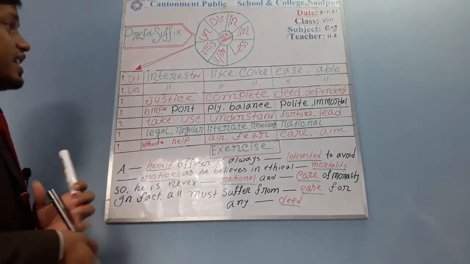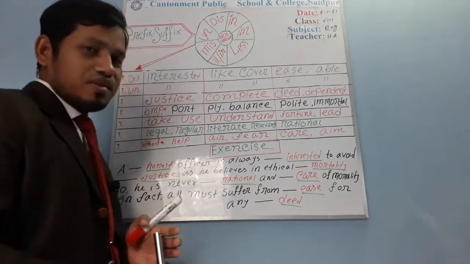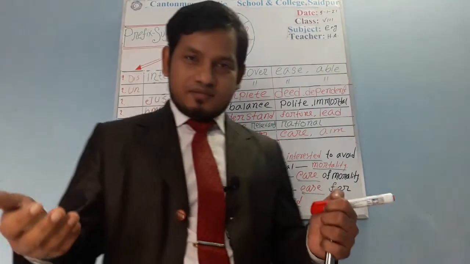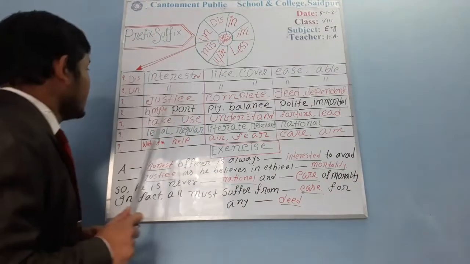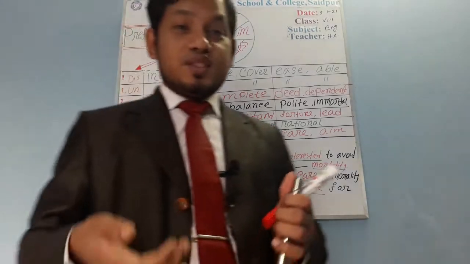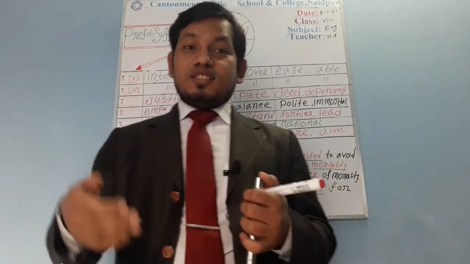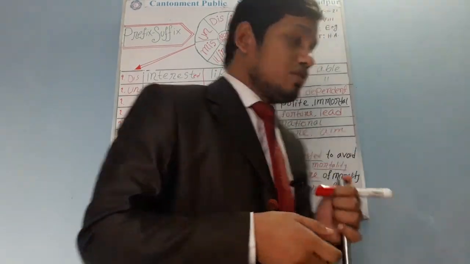Learners, same. Discover, right? Discover means, you know, to find something that already existed, right? But here you can say uncover. Uncover means to expose something, to get something out of a very secret position, right?